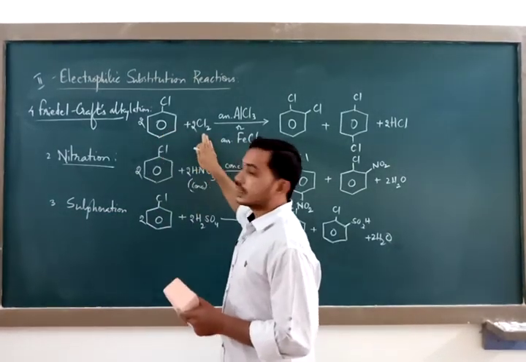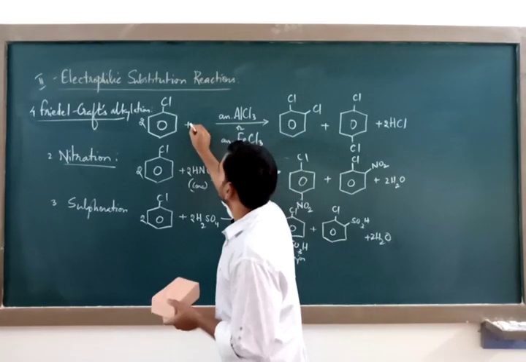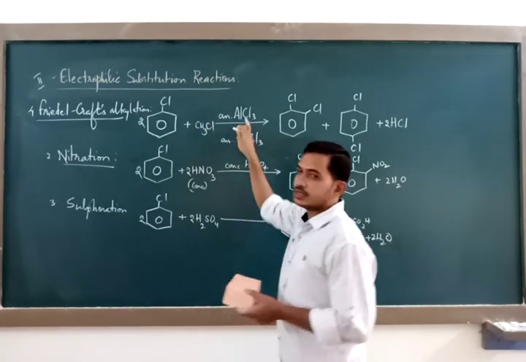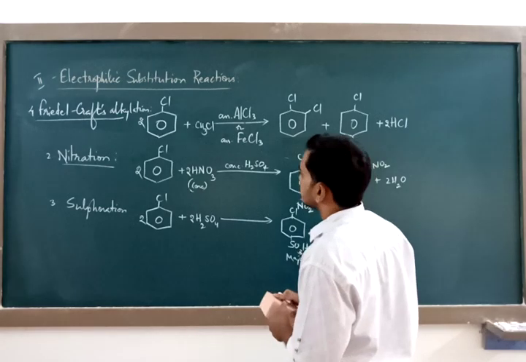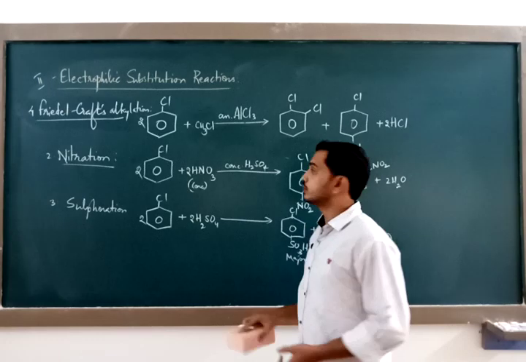Here chlorobenzene is reacted with chlorine. Instead of chlorine, you write methyl chloride, CH3Cl. These reagents remain same. They act as catalyst or halogen carrier. So what product is obtained? Preferably use anhydrous aluminum chloride to avoid confusion.